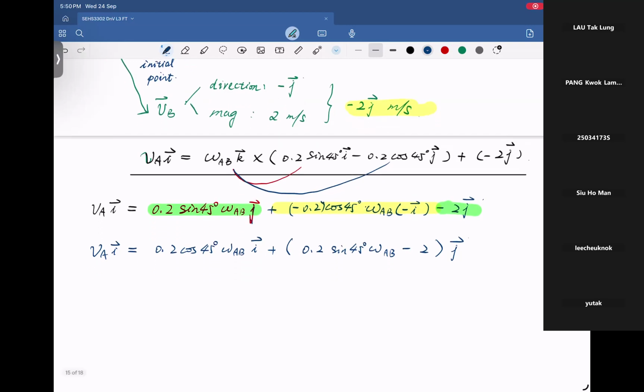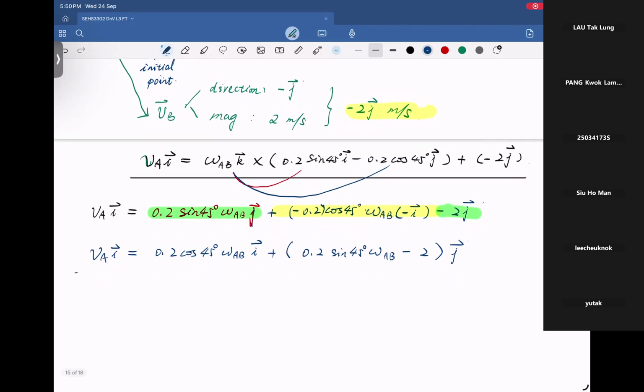So you see, compare left and right. Left-hand side, we have VA I. Therefore, for the I component, the left-hand side VA coefficient equals the right-hand side 0.2 cosine 45 omega AB.